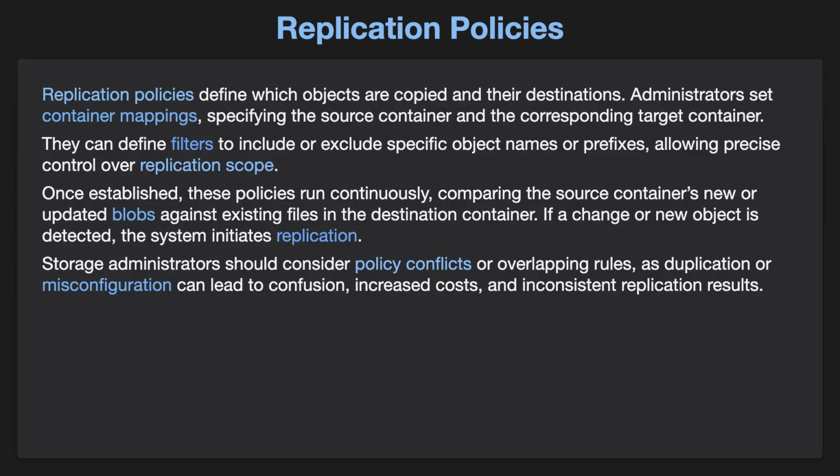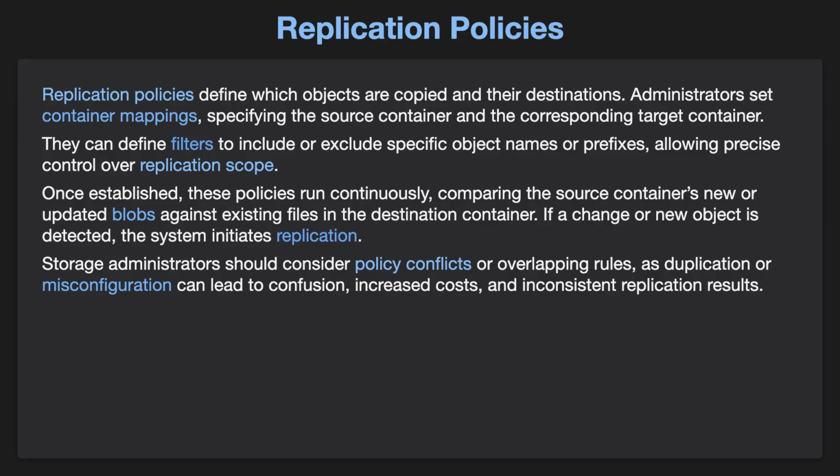Once established, these policies run continuously, comparing the source container's new or updated blobs against existing files in the destination container. If a change or a new object is detected, the system initiates replication. Storage administrators should consider policy conflicts or overlapping rules, as duplication or misconfiguration can lead to confusion, increased costs, and inconsistent replication results.